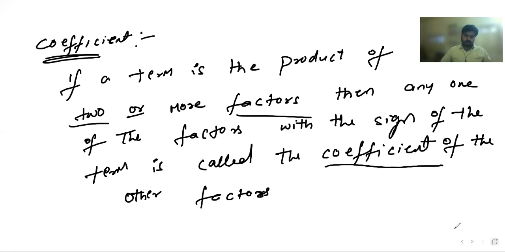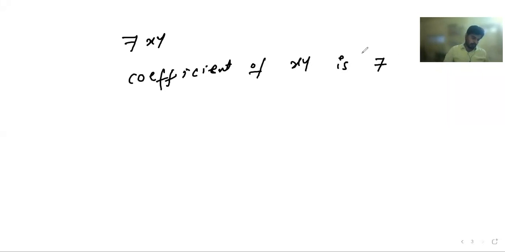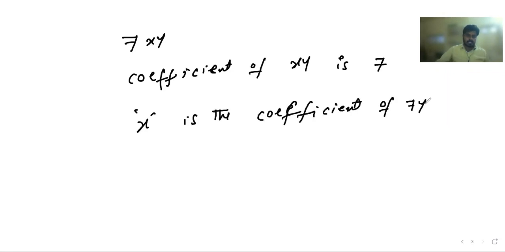Suppose I give you one example. If you take 7xy, the coefficient of xy is 7, x is the coefficient of 7y, and y is the coefficient of 7x.